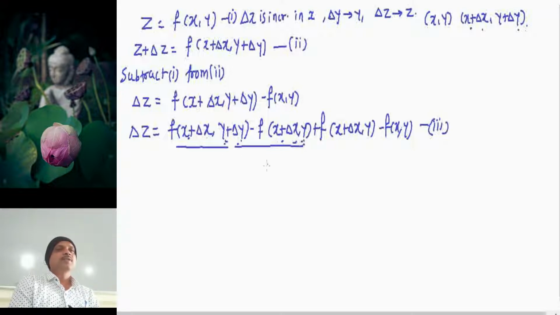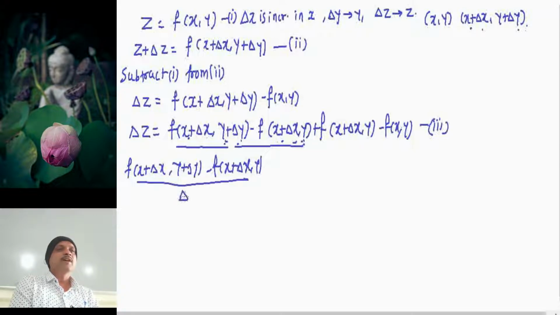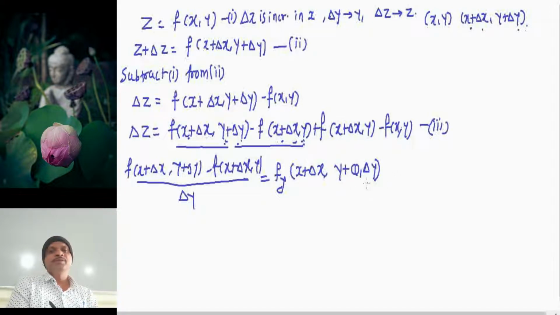Therefore we can apply Lagrange's mean value theorem: f of x plus delta x comma y plus delta y minus f of x plus delta x comma y, divided by the total change delta y, equal to the derivative with respect to y, fy of x plus delta x comma y plus theta 1 into delta y. We are taking theta 1 between 0 and 1.